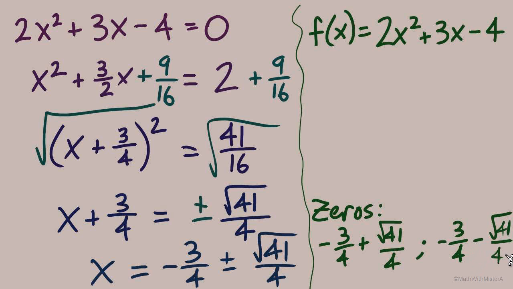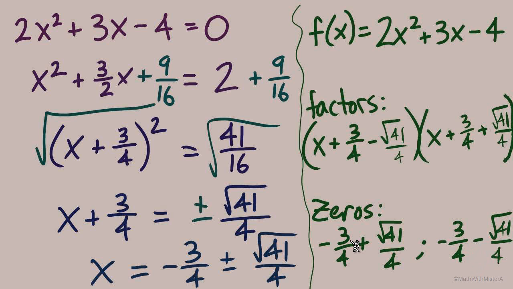But let's also talk about the factors. I'm working backwards like we've done before because this is a quadratic that cannot be factored. So I'm using the idea that a factor is basically x minus the 0. So in this first expression, I thought about using x minus this whole expression. And when I have 2 terms, I have to distribute that minus sign.